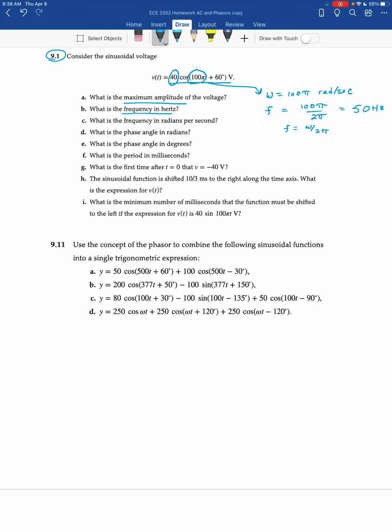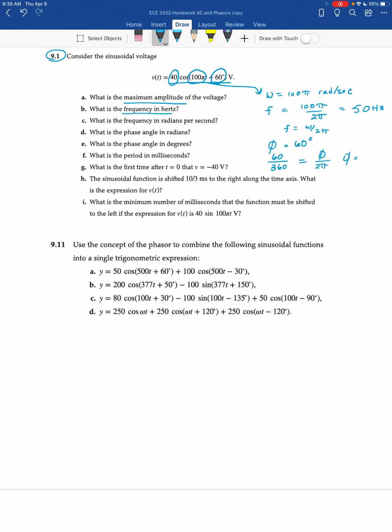The answer to C would be omega. You're asked for the phase angle in radians and degrees. The phase angle phi can be read directly by what is here in this position in the function. So phi is 60 degrees. Remember that the ratio is that 60 over 360, a full rotation, is equal to phi in radians over 2 pi.